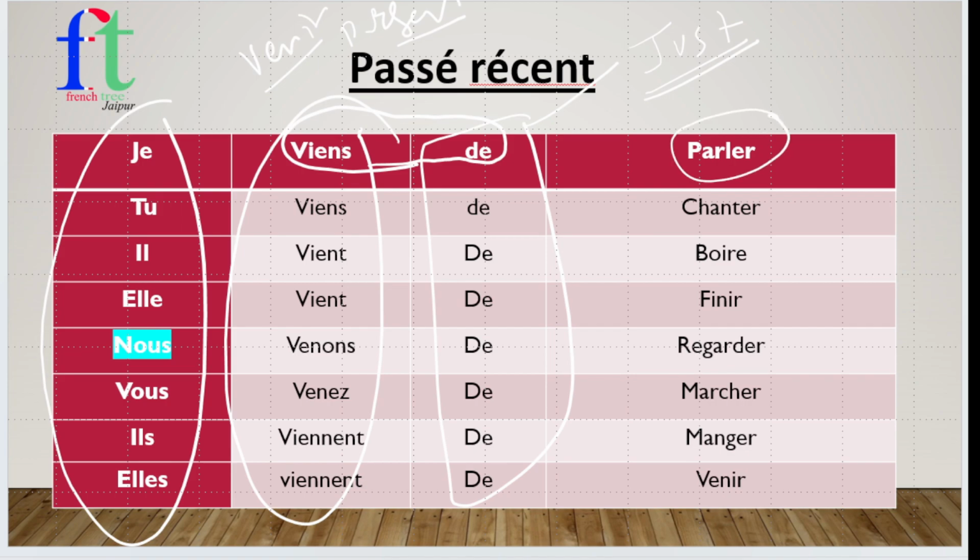Then the verb in the infinitive form of the particular verb, whichever we just did. The first verb will be conjugated, then the next verb is never conjugated. It is always in infinitive form and remains as it is.